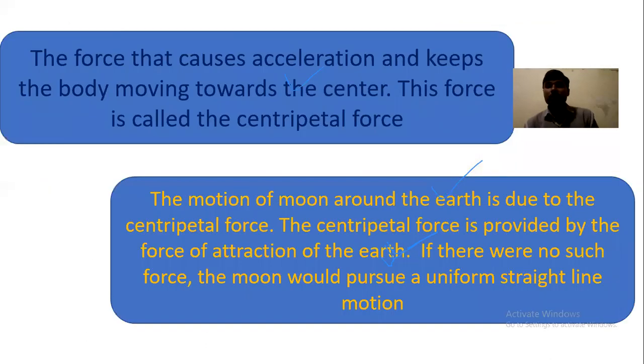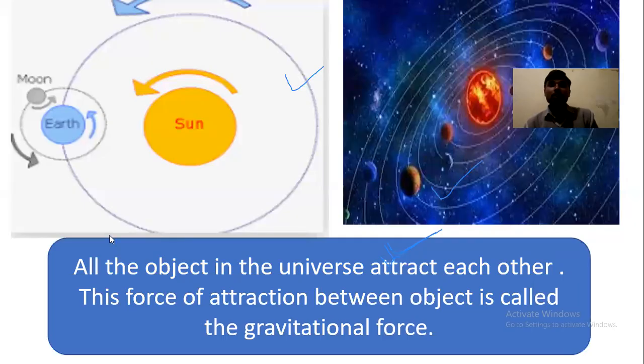So we have learned what centripetal force is. The moon revolves around the earth, but the earth also revolves around the sun. Why does the earth revolve around the sun? Because of the gravitational force; every object possesses gravitational force.